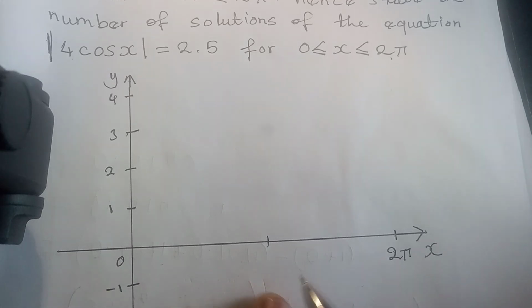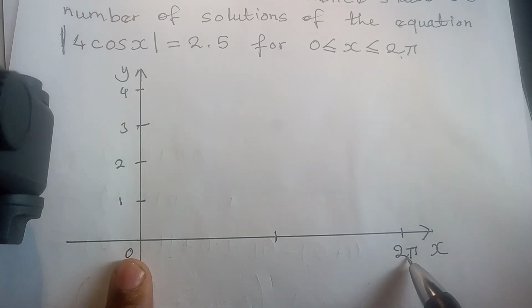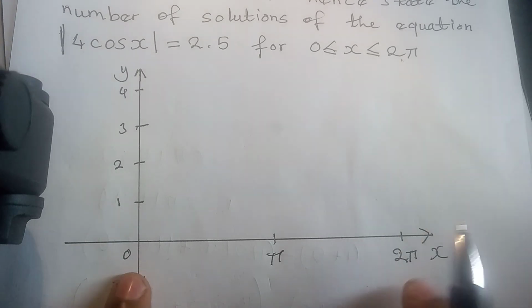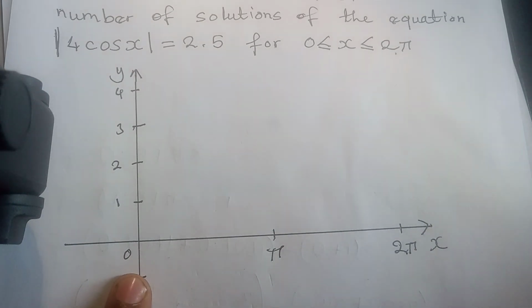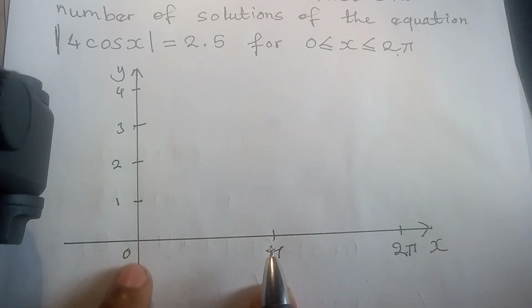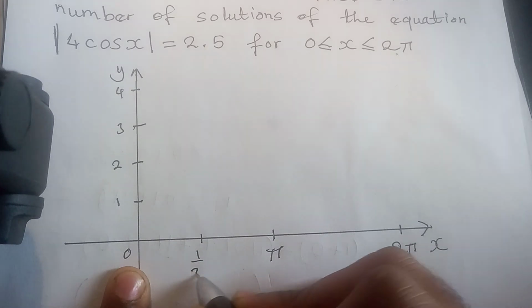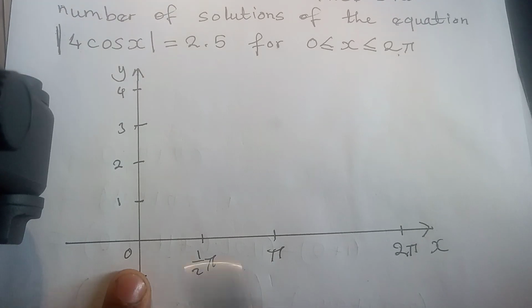There is no need to use degrees. So halfway between 0 and 2 pi, you have a pi. If you want, you can find the average between these two by adding 0 to this and dividing by 2. And then halfway between 0 and pi, you have half pi. To find this, you can find the average of these two.